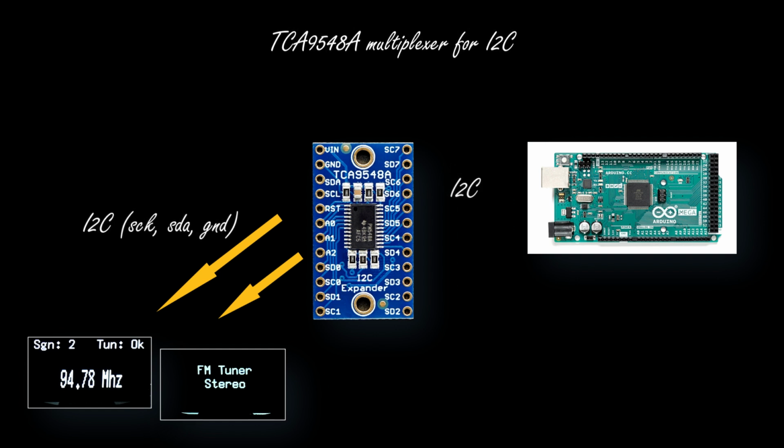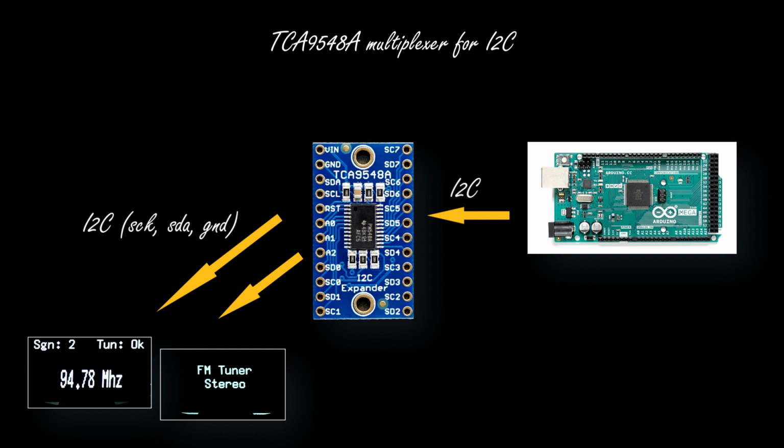For this reason, I had to implement a multiplexer. Here you can see the multiplexer card. It's deployed around the TCA9548A integrated circuit. This card is connected to the I2C Arduino outputs from one side. On the other side, the card is connected to both OLED displays.